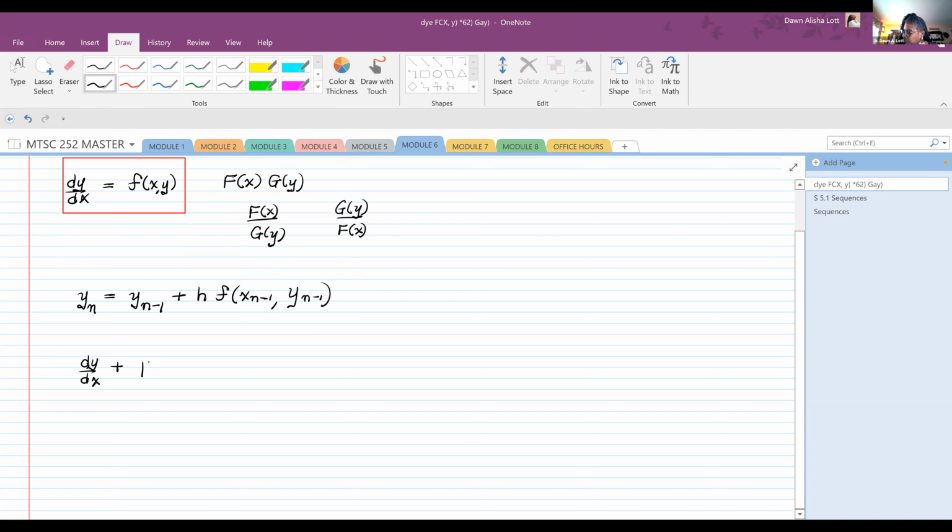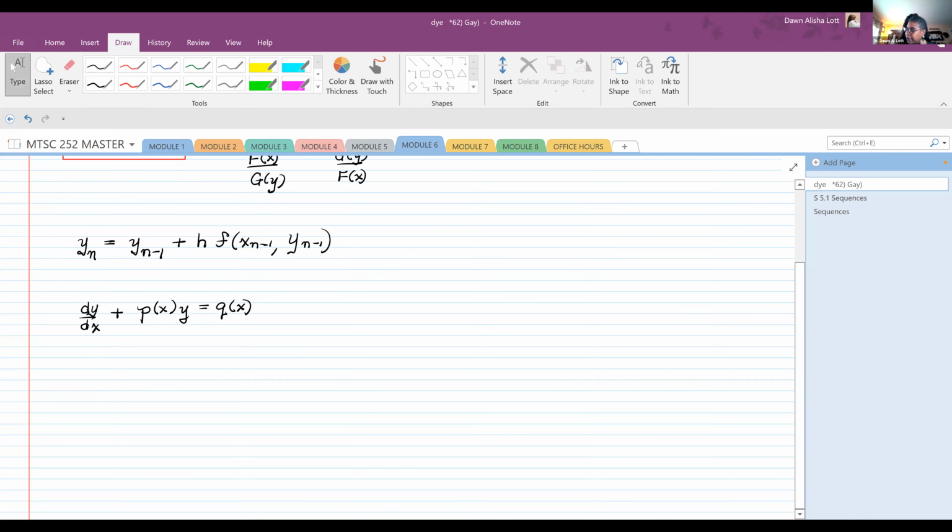Then for the other problem, we had dy/dx plus p of x times y is equal to q of x. So therefore, if you put everything on the right-hand side, dy/dx is equal to q of x minus p of x times y, and then you call this whole thing f of x, y, then you can use Euler's formula.